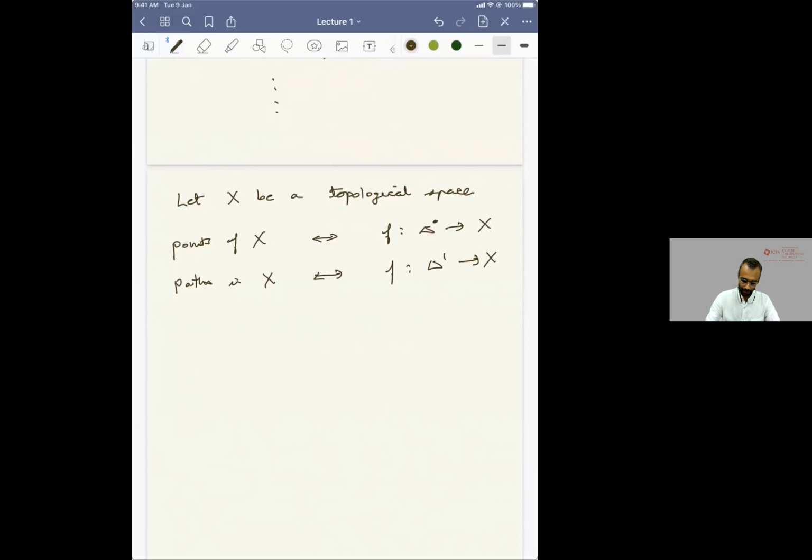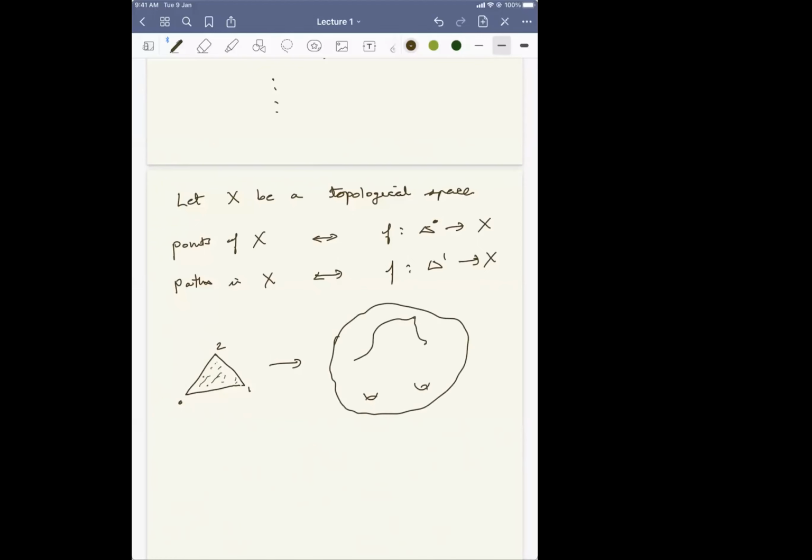So if I look at a map from delta 2, which is a triangle, let me label this 0, 1, and 2. And if I want to give a map from this into X, into some space, what do I get here? I'm going to get some path, another path, and a third path.